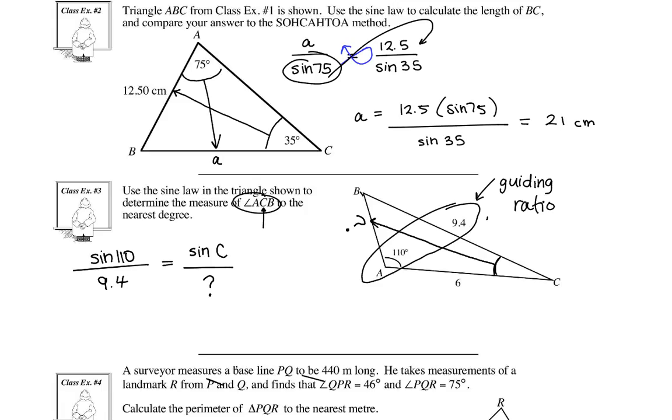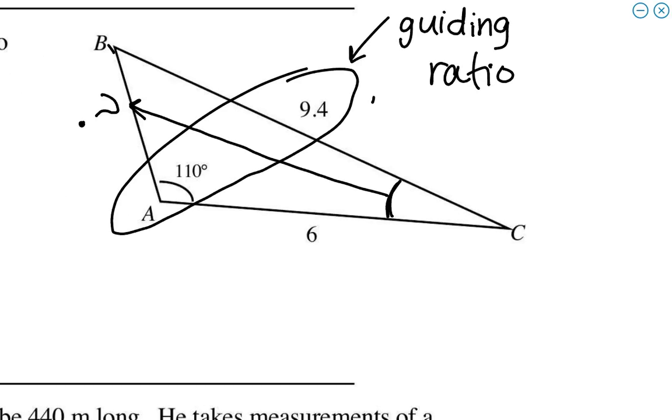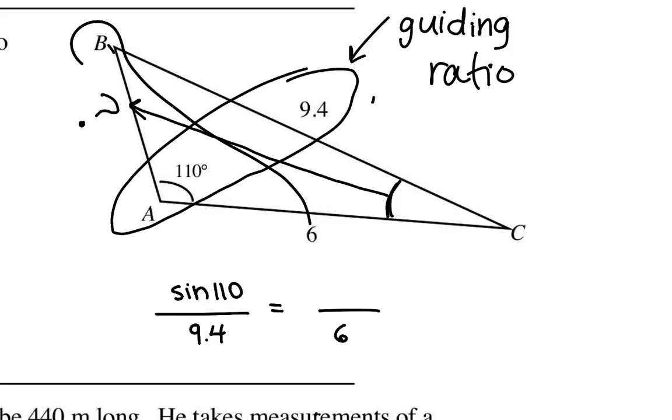So what I could do is use the 6. How could I use the 6? Yeah, the sine 110 goes with 9.4. That's for sure. But how could I use the 6? 6 goes with B. So I can first find the angle at B.